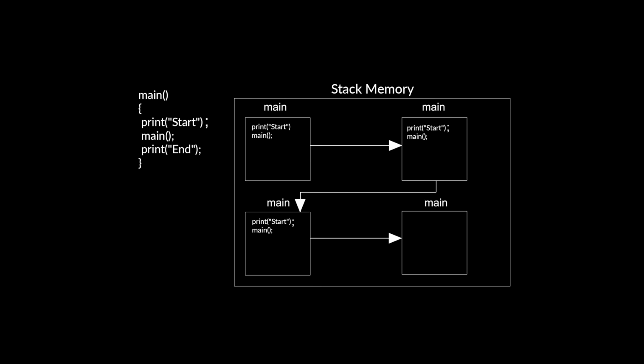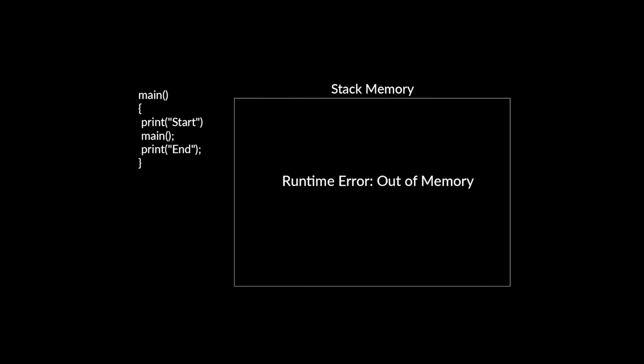So there is no chance for the control to come back and complete the execution of the previous frame. Therefore, there will come a time when the memory will be full and the program execution will encounter a runtime error, showing out of memory. So our program will terminate abnormally because there is not enough memory in the stack.